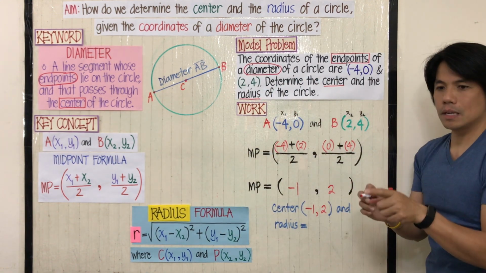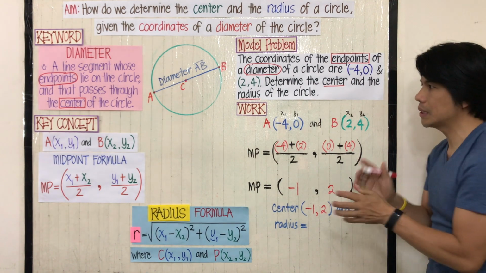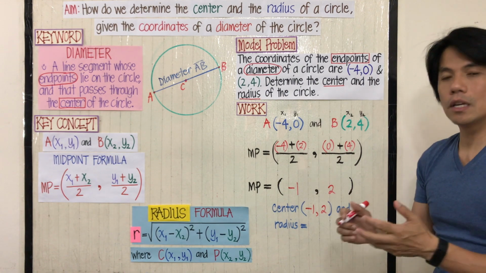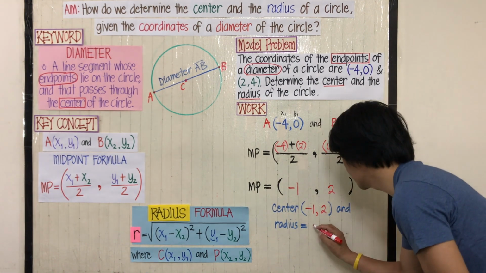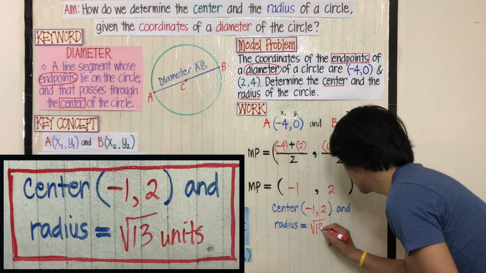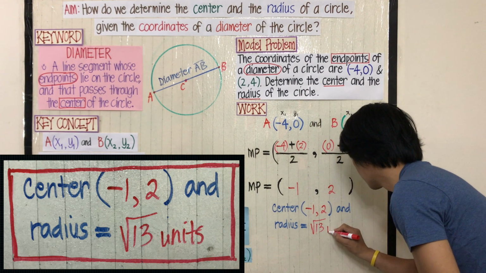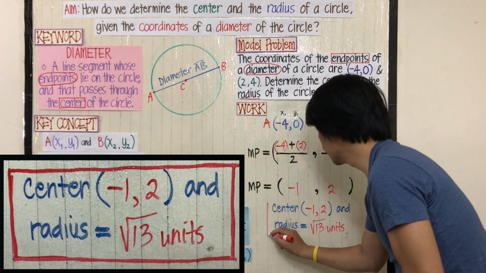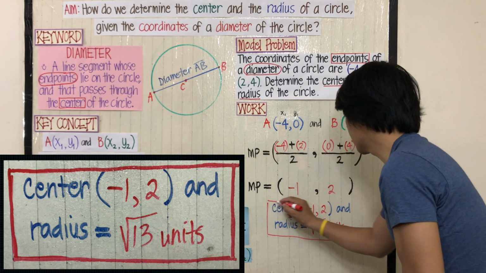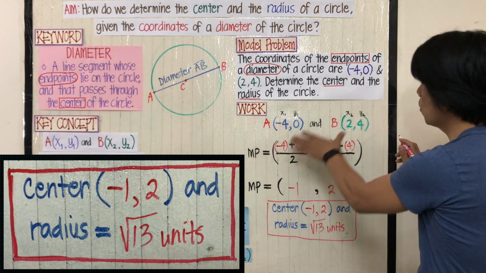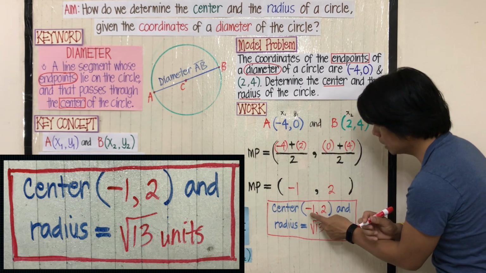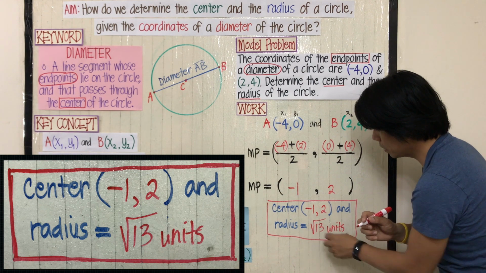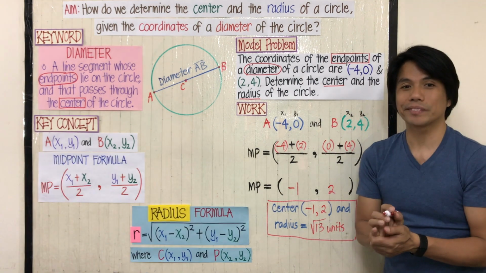So, actually in that video, I used the same numbers. And you will find that the radius is the square root of 13 units. There you have it. So the center of that circle, given these coordinates, is the coordinates -1, 2, and the radius is the square root of 13.